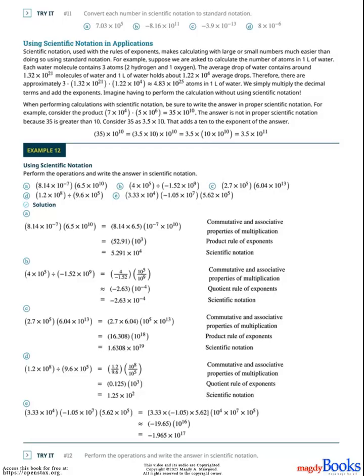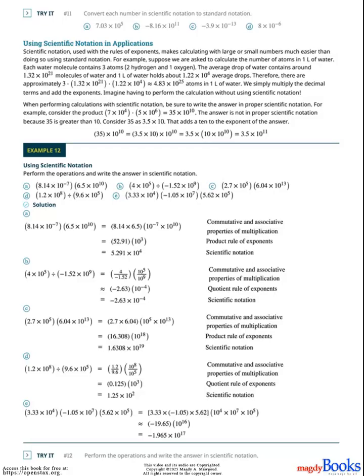E. (3.33 multiplied by 10 to the power of 4) multiplied by (-1.05 multiplied by 10 to the power of 7) multiplied by (5.62 multiplied by 10 to the power of 5). Solution.